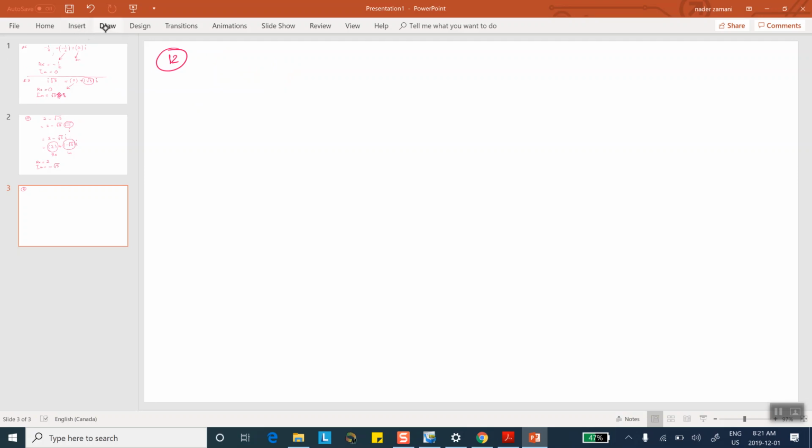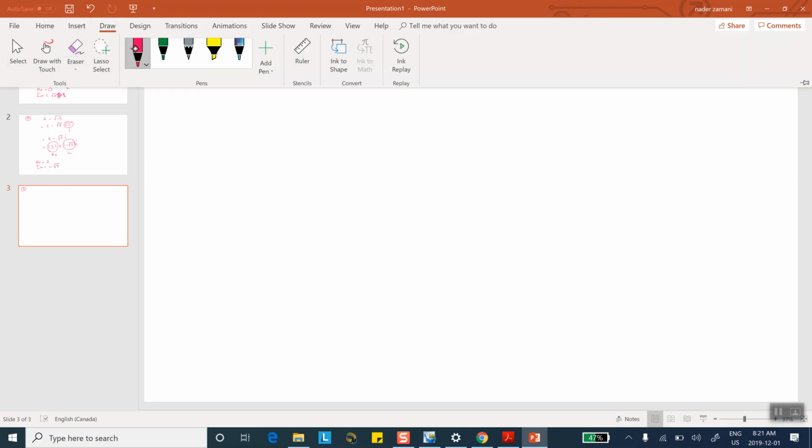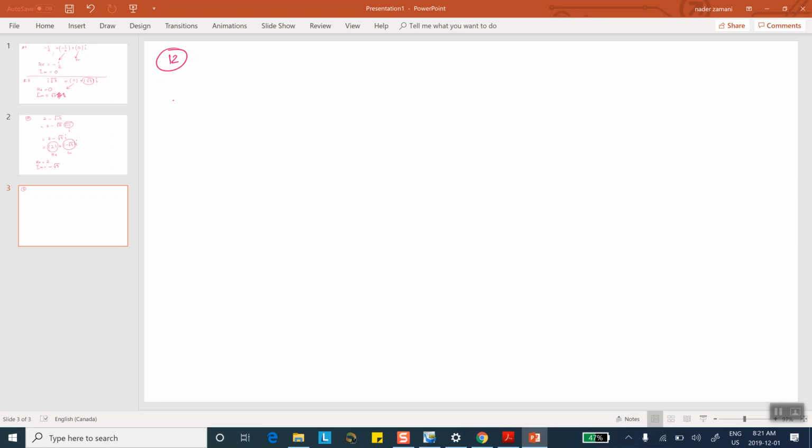Okay, good. So it goes like this. 2 plus 5i. This is one complex number. You can see that. And then 4 minus 6i. Okay.